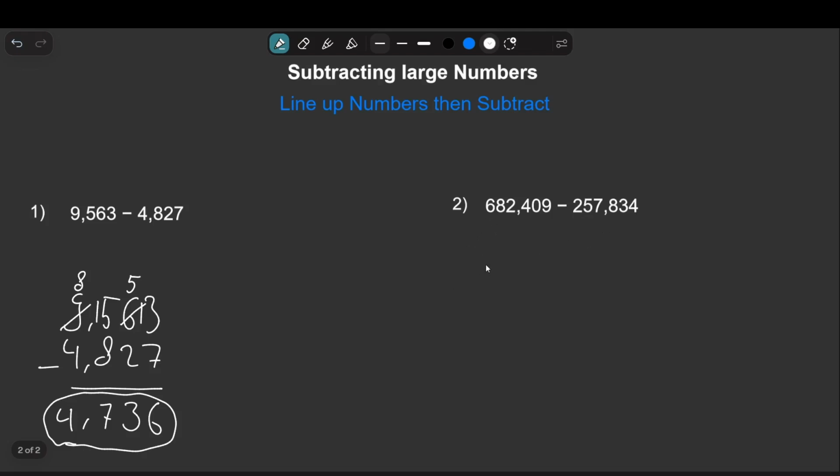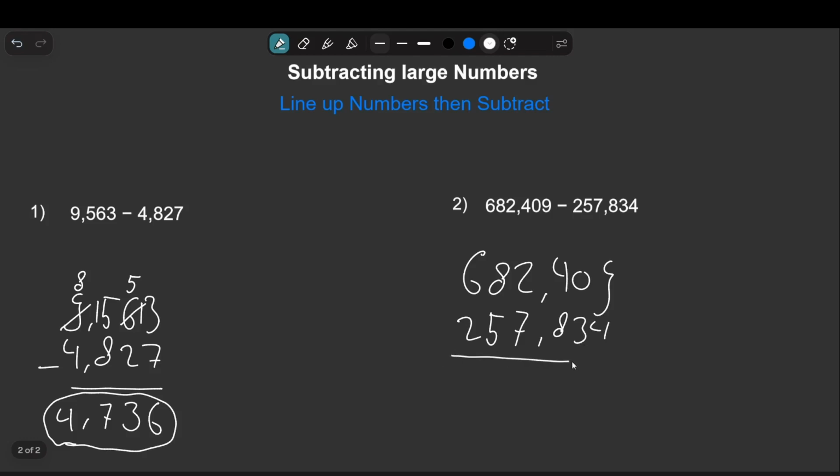Again, we just start by lining these numbers up. 682,409 minus 257,834. So now we can start subtracting. This one will be a bit more difficult because I made it very complicated. You will see in a minute when we start doing this.